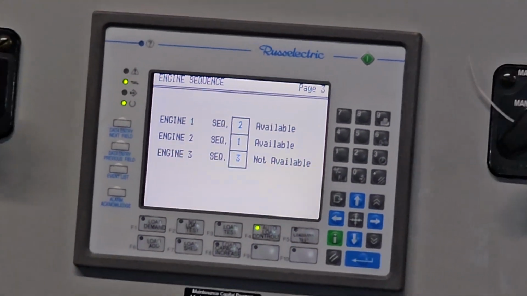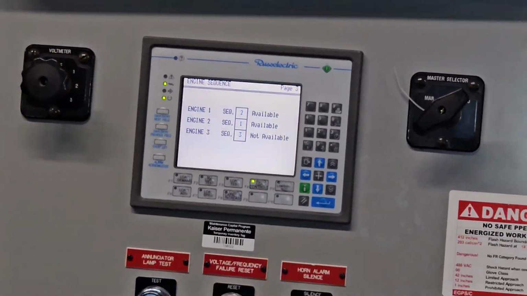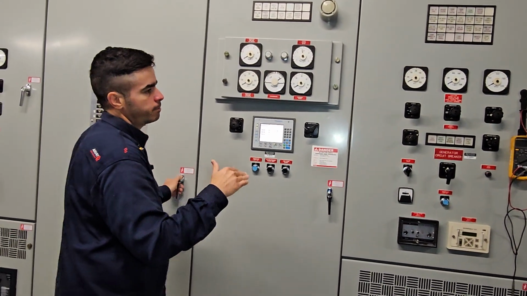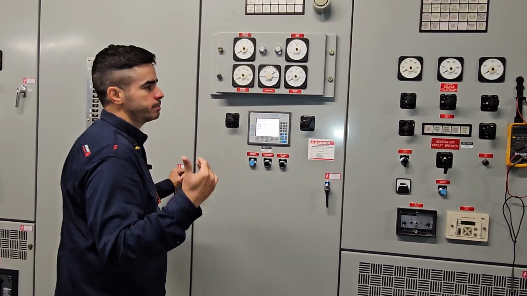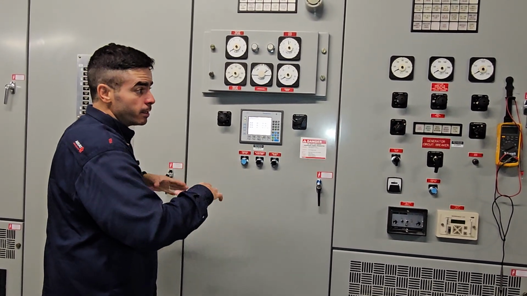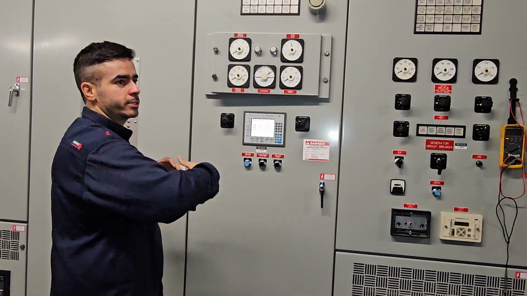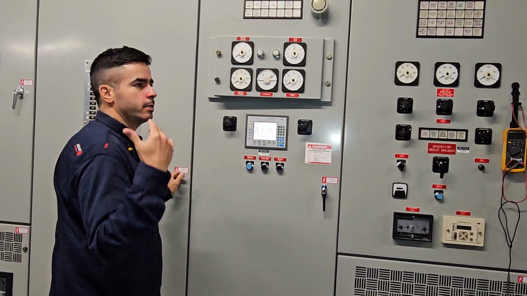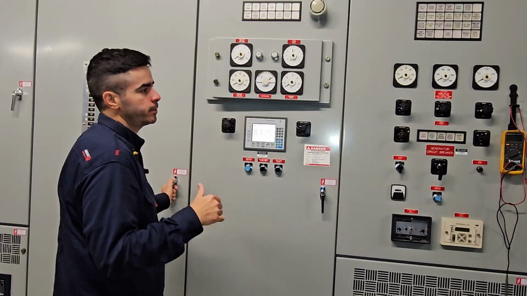But then we have a gen demand mode. Usually hospitals have that mode off because of the importance of the hospital loads. But a lot of places have a lot of capacity, probably like 7 generators, and they only need 2 to hold the whole load in the campus.